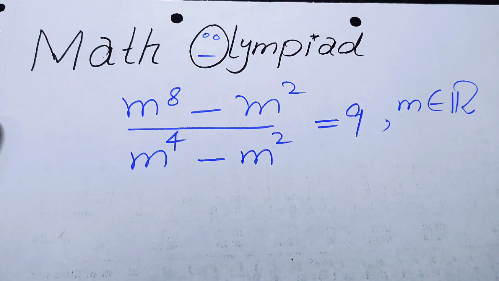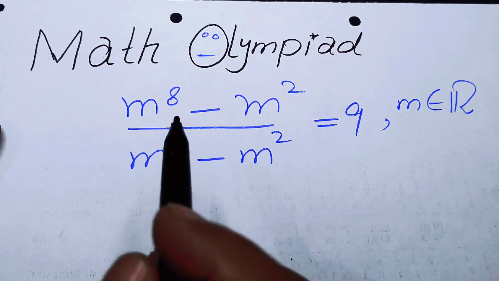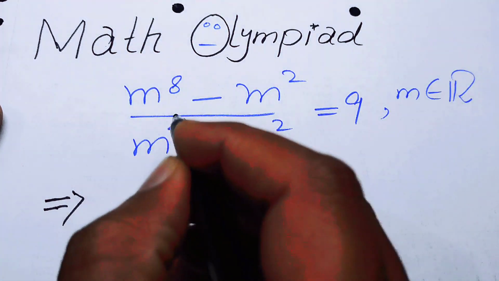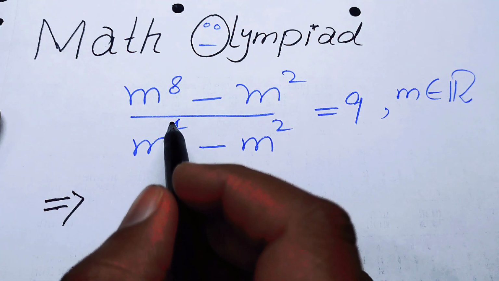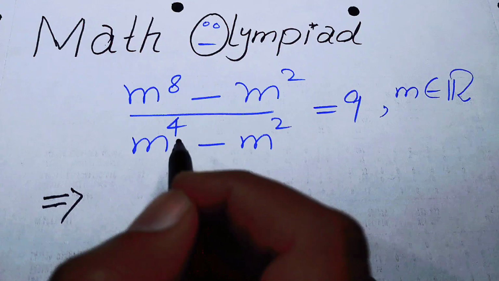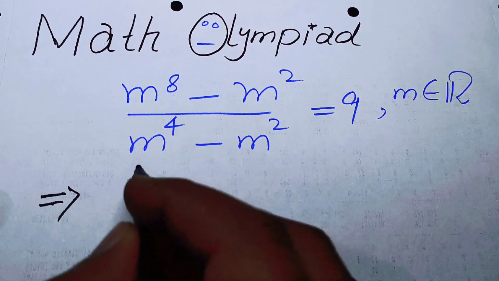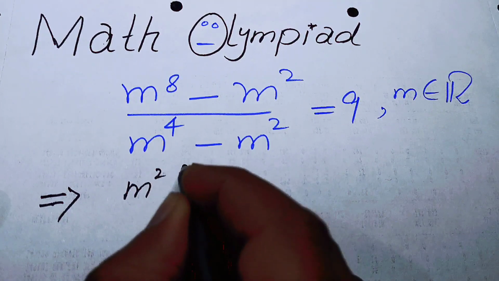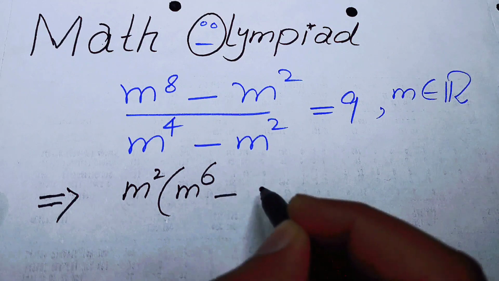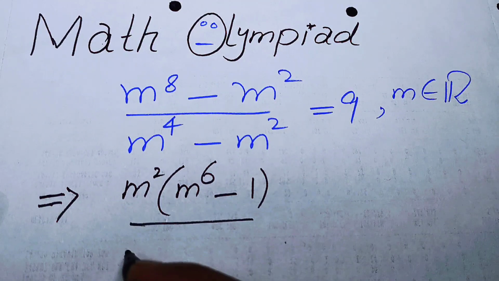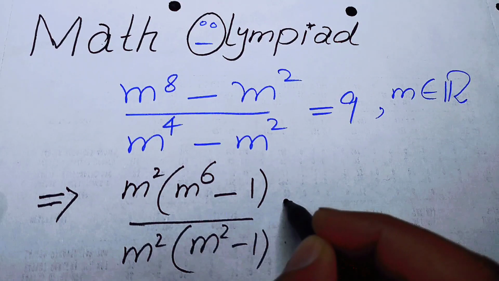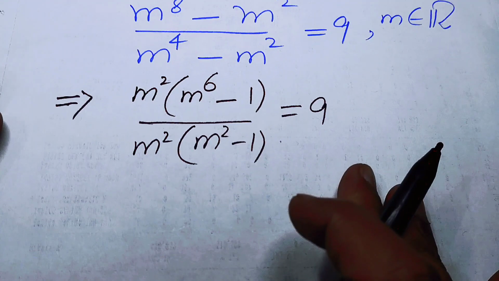So the very first thing we are going to do is focus on the terms of the numerator and denominator. Here we can take common m square from the numerator, and we get m square times (m to the power of 6 minus 1) over m square minus 1 is equal to 9.